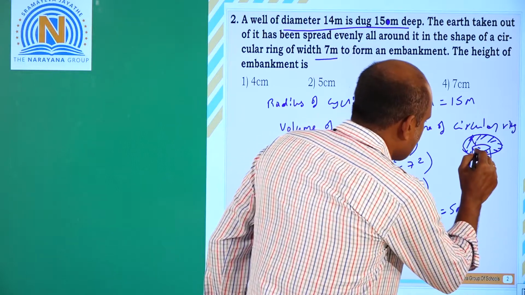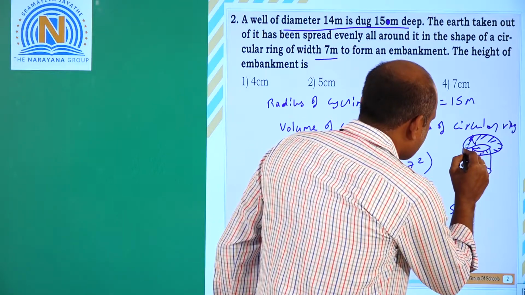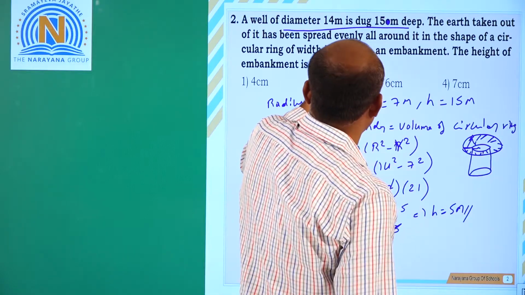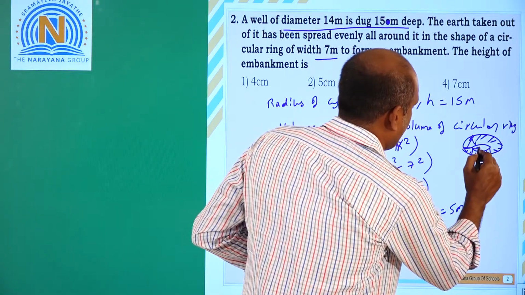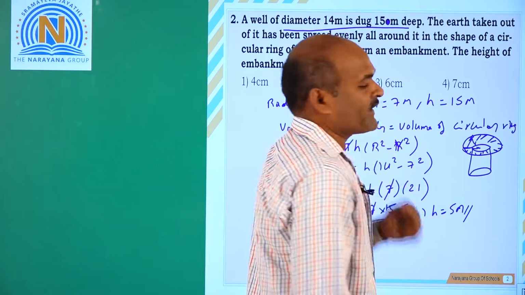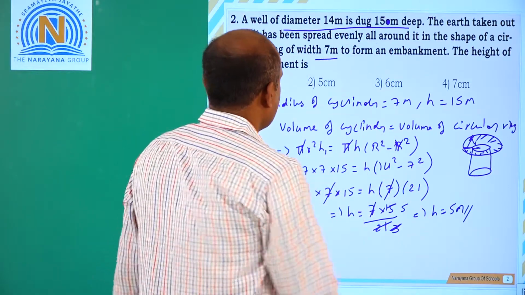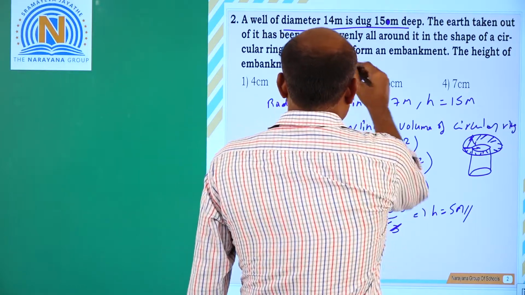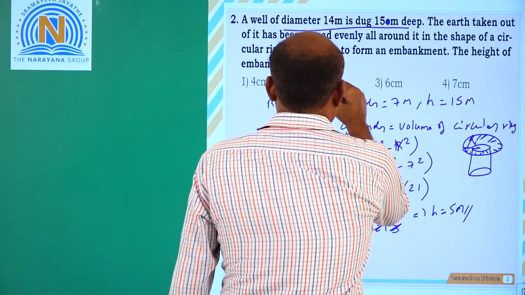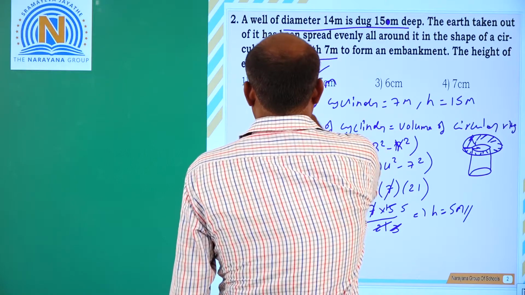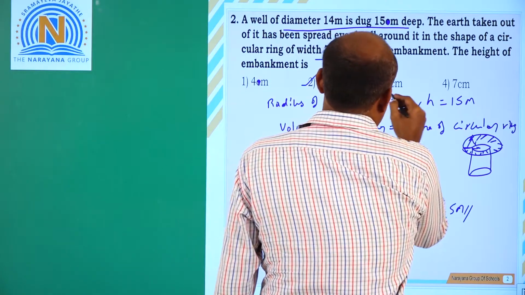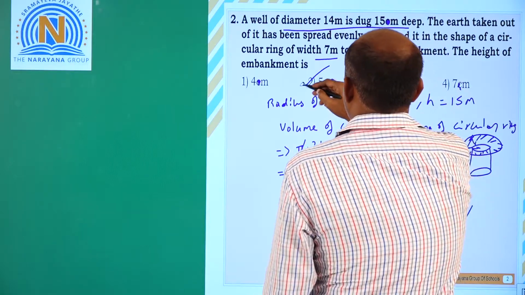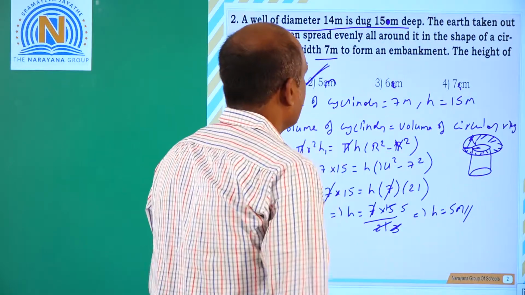Outer radius means this radius plus this length. This length is already given as 7 meters and this radius is 7. 7 plus 7, 14. So the correct answer for height is 5 meters. Correct it as meters, not centimeters. These are meters: 5 meters, 6 meters and 7 meters. So the answer is 5 meters.